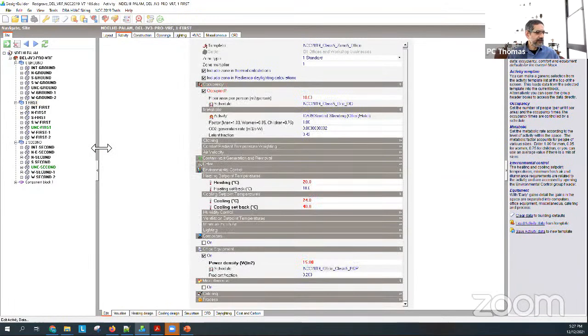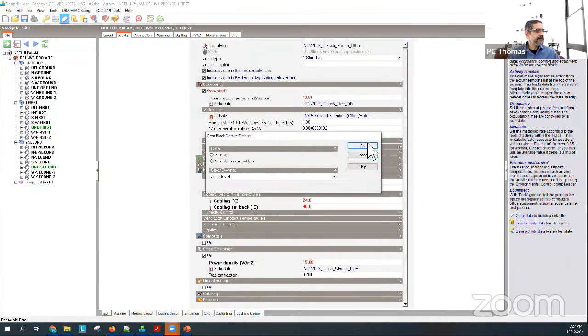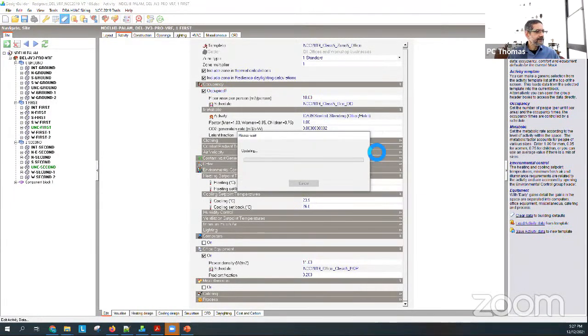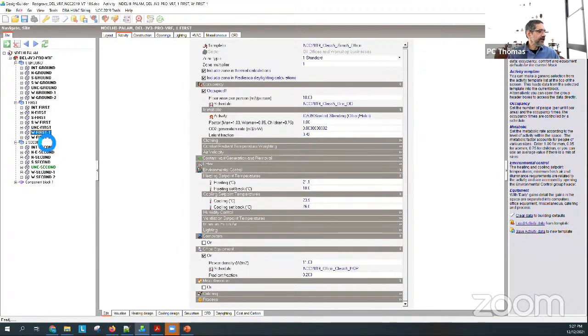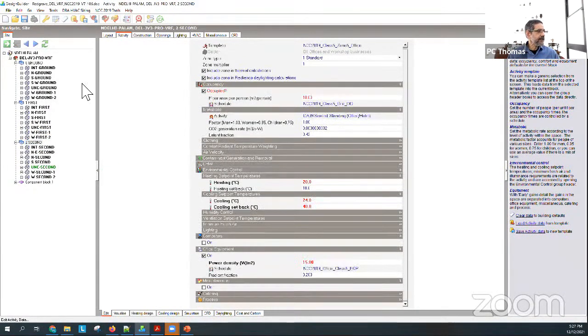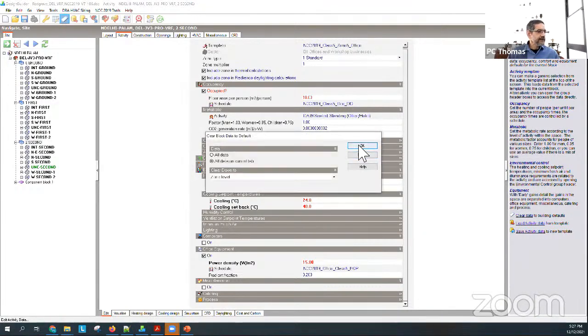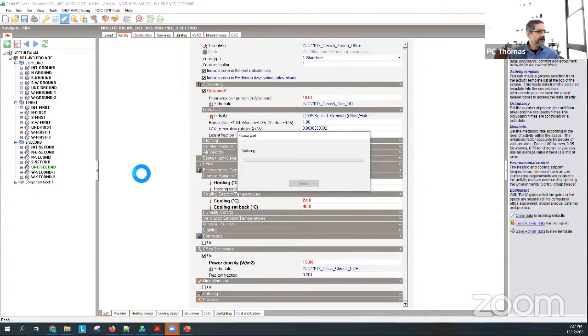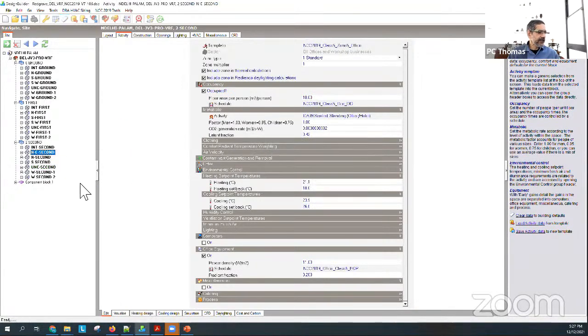I'll just make sure, I need to default that back as well. Yeah, so now I'll do a random check. Yeah, that's okay. I'll do this one as well. Down to the top level, and I'll do another random check.